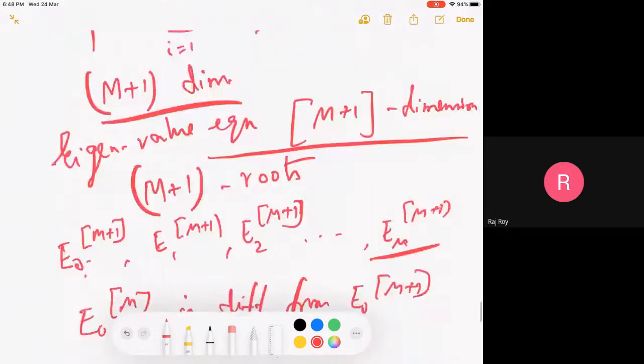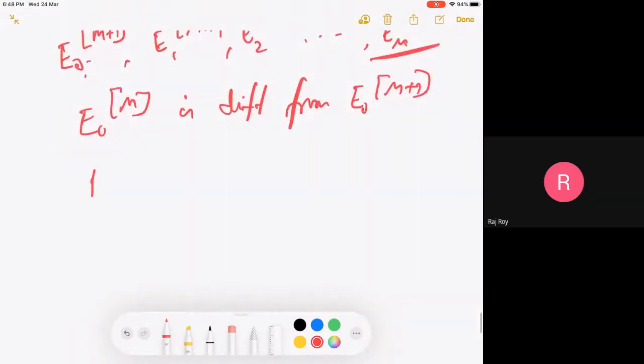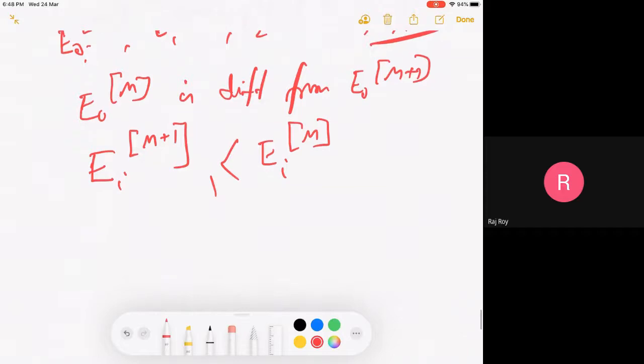So if you extrapolate this, each of the roots Ei of m plus 1 will be less than or equal to the roots in the m basis, for i equal to 0, 1 to m minus 1.